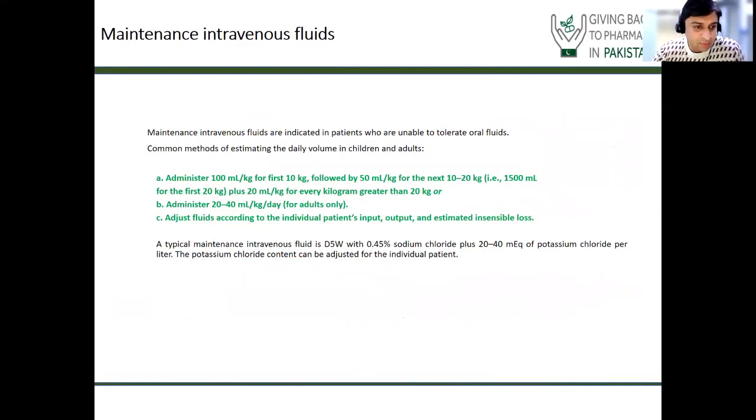So what you actually do is you give 100 mL per kg for the first 10 kg, and then you give 50 mL per kg for the next 10 to 20 kg. So if a patient has a weight of 20 kg, it will make the maintenance fluid around 1500 mL. For any weight above 20 kg, you add 20 mL per kg for every kg greater than 20 kilos.